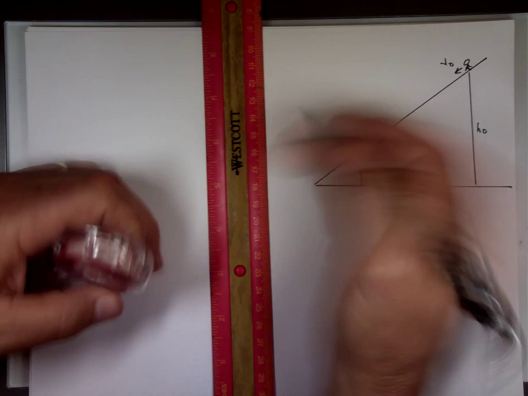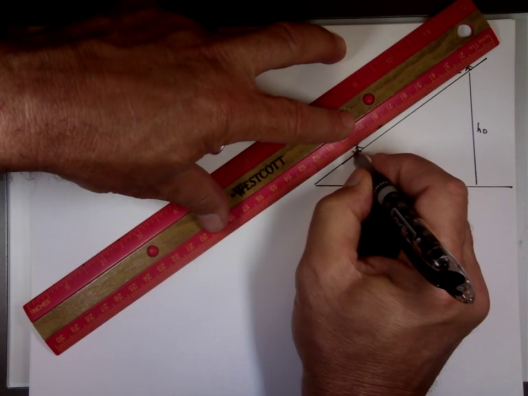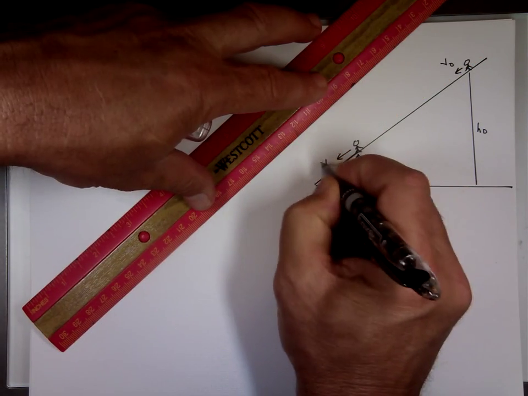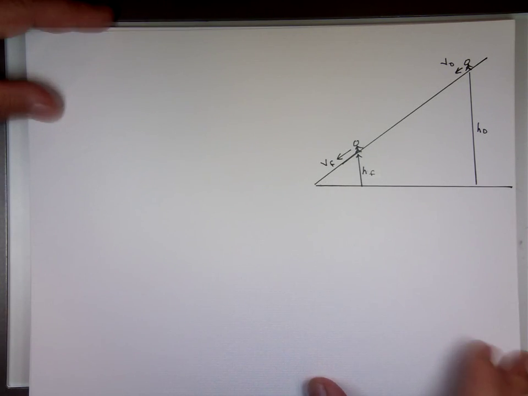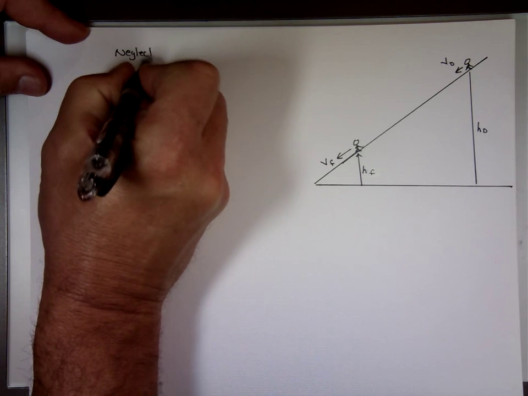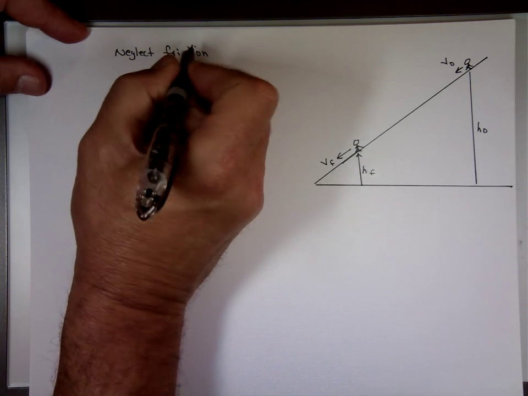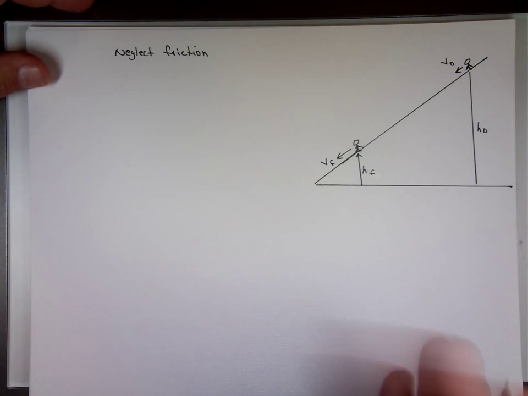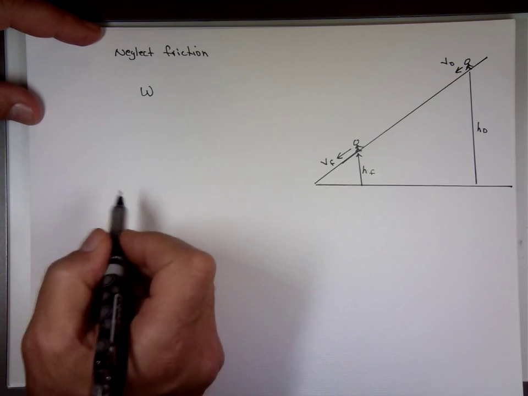You have a final height, and you have also a final velocity. So again, if we say neglect friction, we did that in all the problems last time. We used to write neglect friction. And once you see neglect friction, in this case you have conservation of mechanical energy.